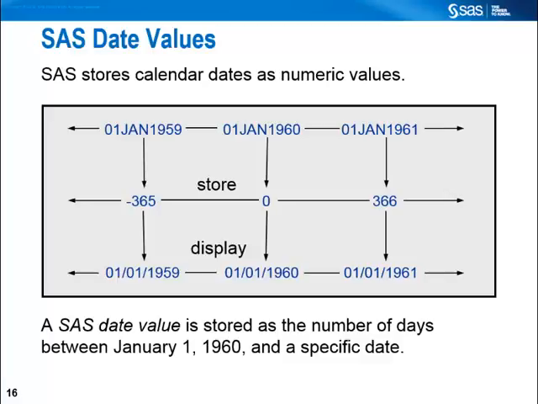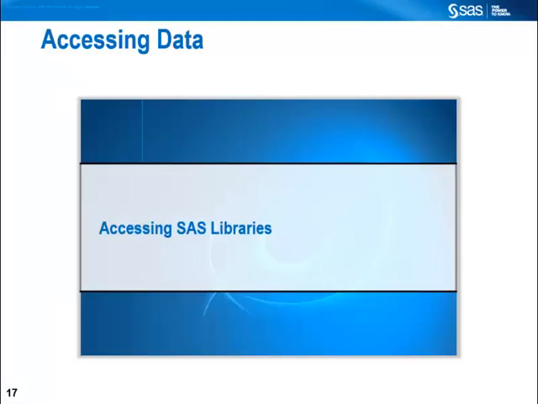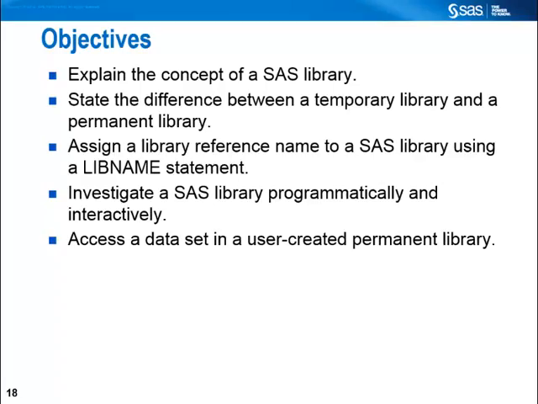Anything that goes before that, the date value goes negative, and anything thereafter is a positive value. So according to the current example, 1st Jan 1961 becomes 366 as a number, and 1st Jan 1959 becomes minus 365.